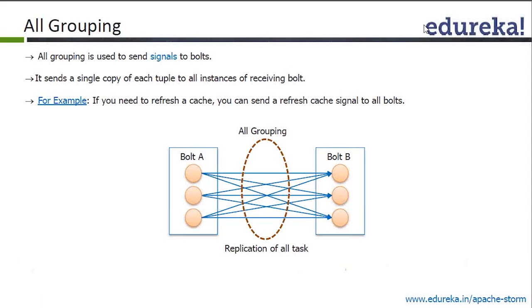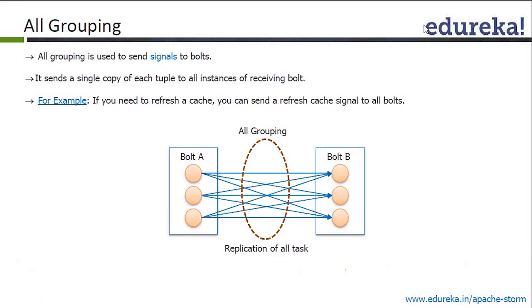Now some change has happened in the configuration file, some contents have changed in that file which was being looked up. Like Sundar, I was giving you the example, SSN lookup, right? Your SSN was every time being looked up by all the bolts. Now that lookup got stale, some changes have happened. Now this lookup has to be refreshed for all the bolt instances, does not matter whichever are referring, right?